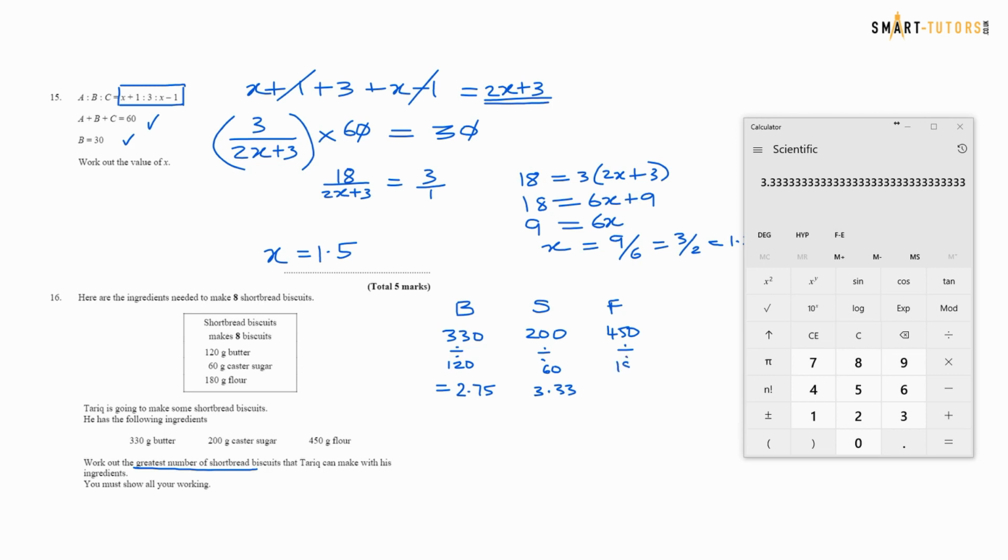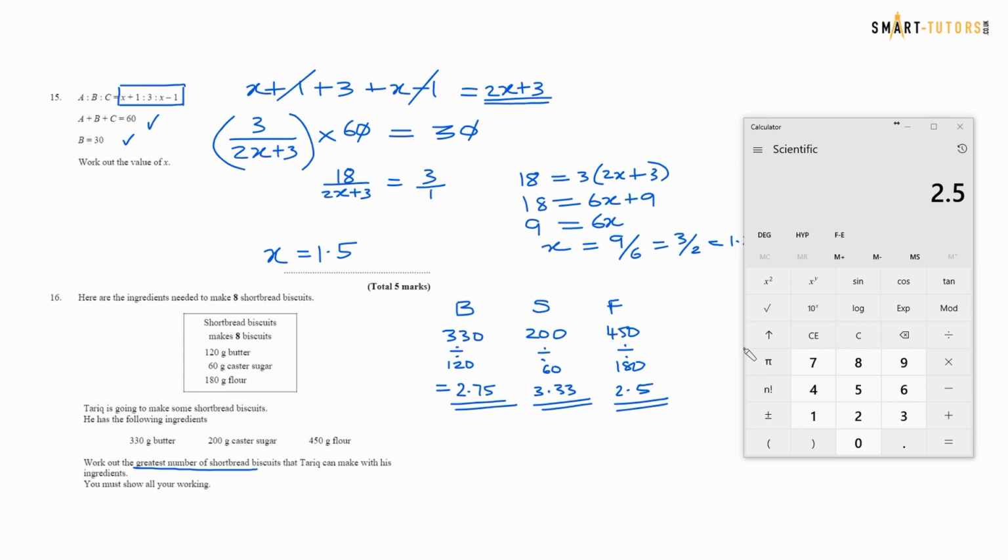Then flour: 450 divided by 180, which is 2.5. So out of these numbers, 2.75, 3.33, 2.5, take the lowest number. That means we can make the recipe 2.5 times.